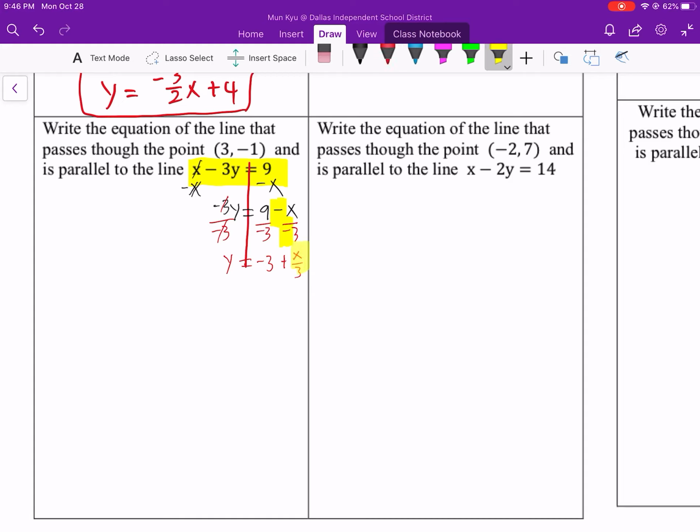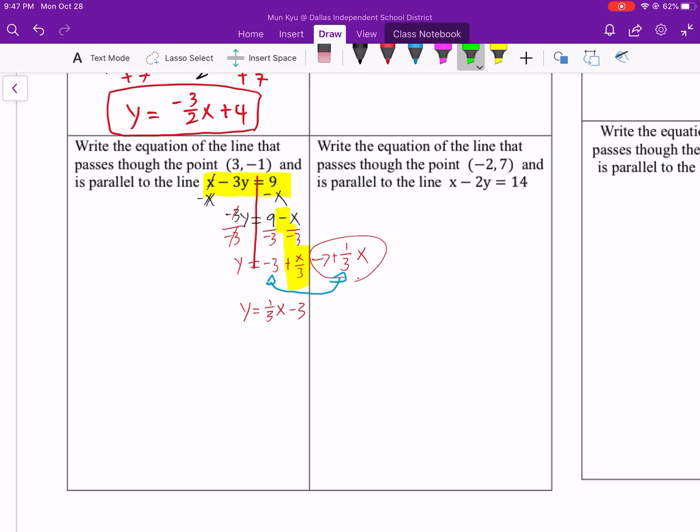Do you see this x/3? This is the same as positive 1/3x. So this is the same as y equals 1/3x minus 3. I just switched the order of this.